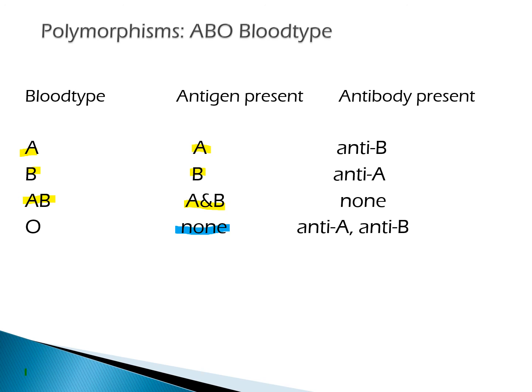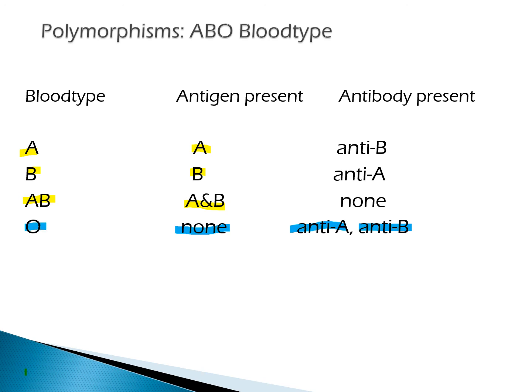Their own system will not accept A or B. It will not accept A or B. So while O is the most common blood type on the planet, it cannot take anything other than O. But everyone else, especially in a fast emergency when you haven't been typed, can take type O blood until they figure out what specifically to give you. So we need more O because there are more O people, and we need more O because O can donate to anyone. So O is the universal donor.